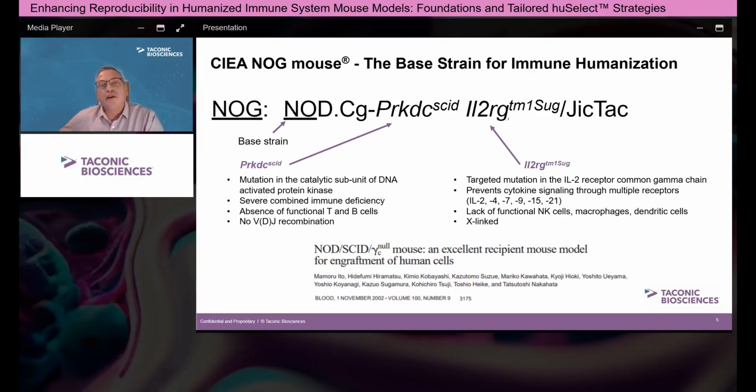This level of immunodeficiency makes this a very good mouse model to engraft and accept human tissues.